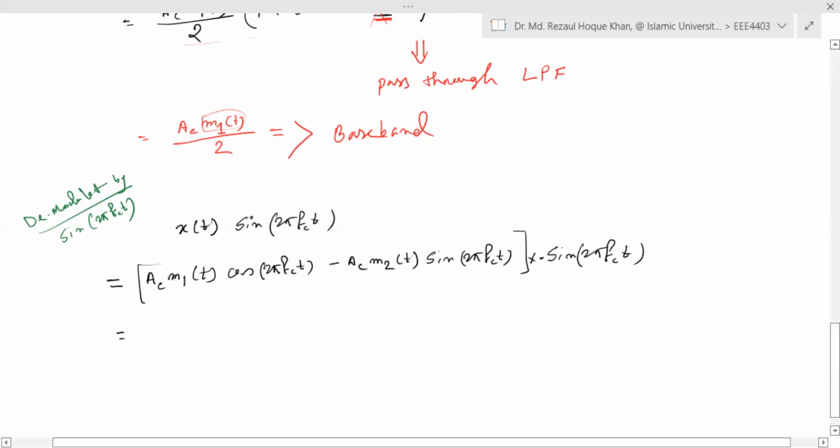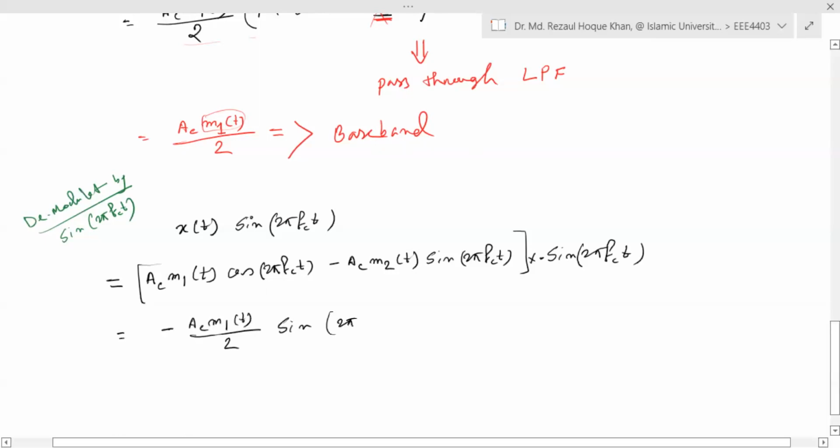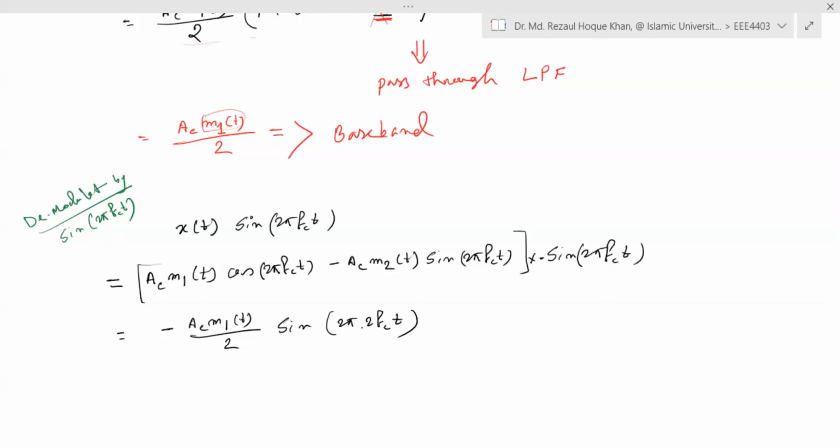So what will happen? Sine and cos, so it will be nothing but minus Ac m1(t) by 2 sine 2 pi into 2 fc t, plus Ac m2(t) by 2 minus, same thing, by following the previous formula, Ac m2(t) by 2 cos 2 pi 2 fc t.